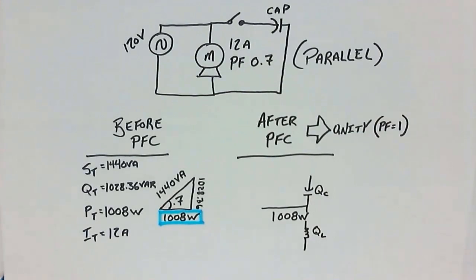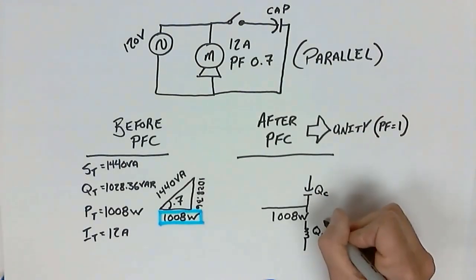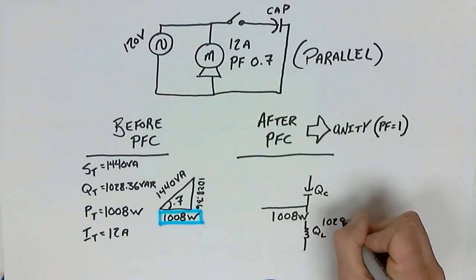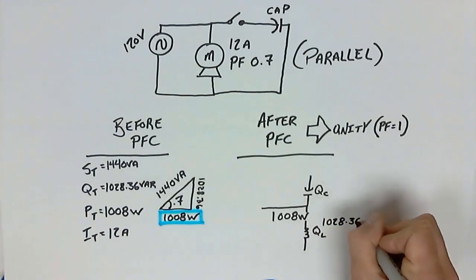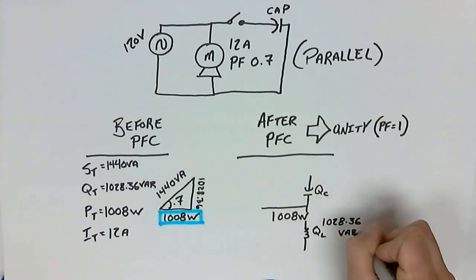So if they would have to be equal, that means that I now know how big my capacitor VARs need to be. Take a look over here. The entire inductive VARs are 1028.36 VAR.